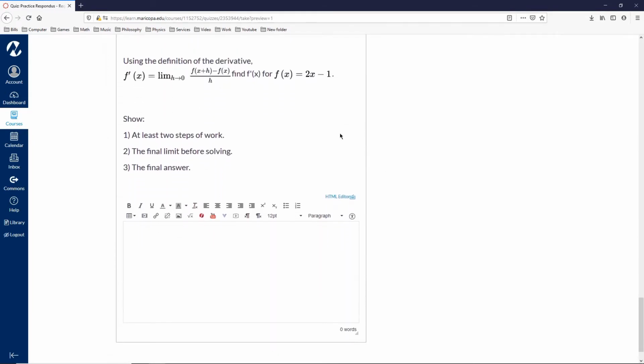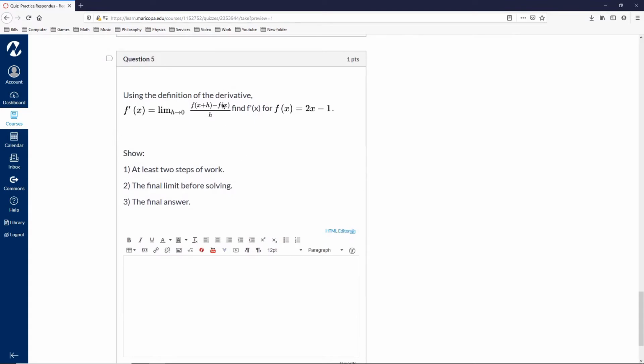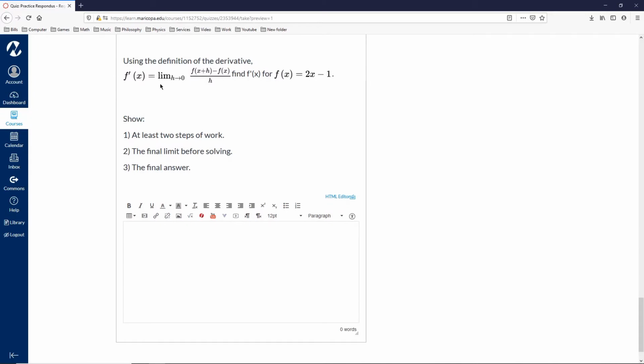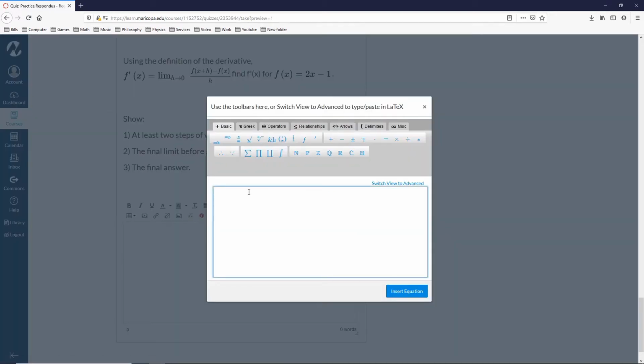And as a final example, using the definition of the derivative, we want to find the derivative for 2x minus 1. So we will also need x plus h here.